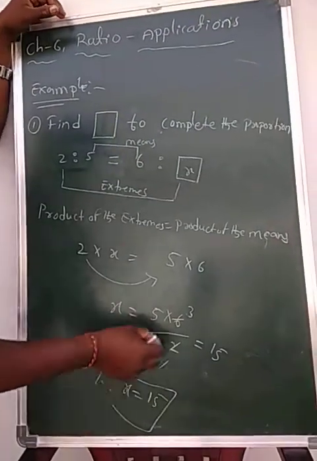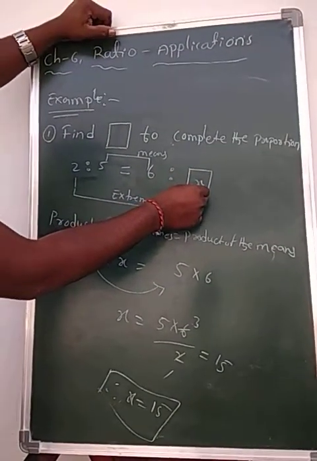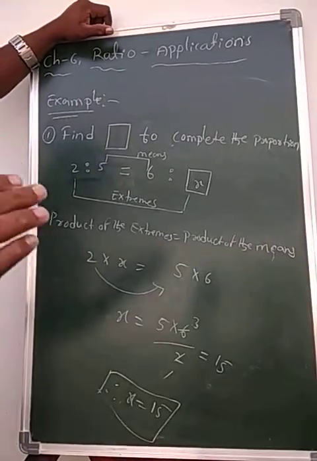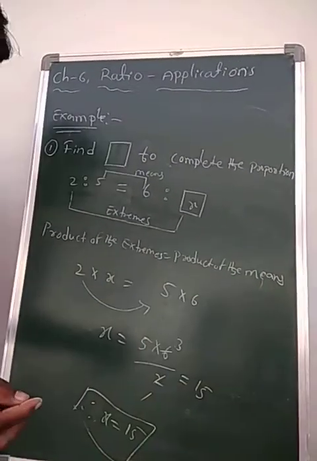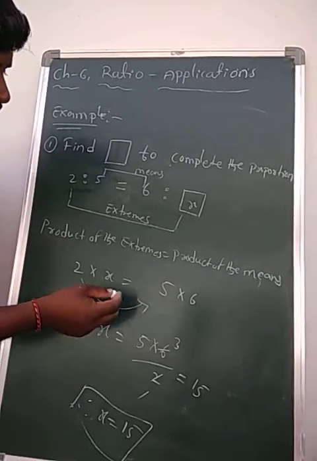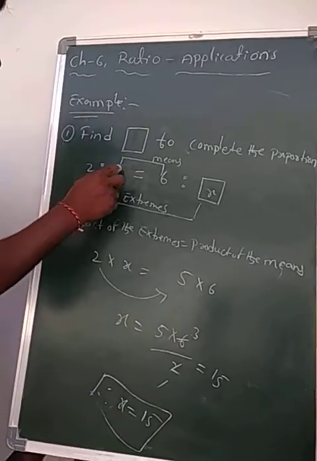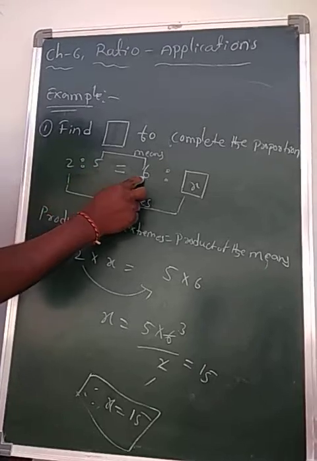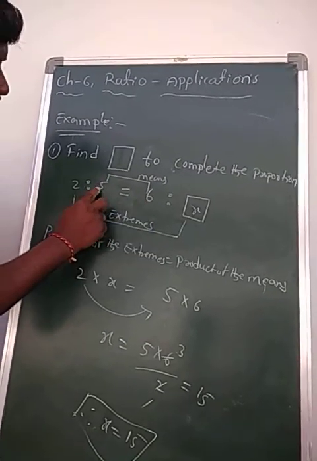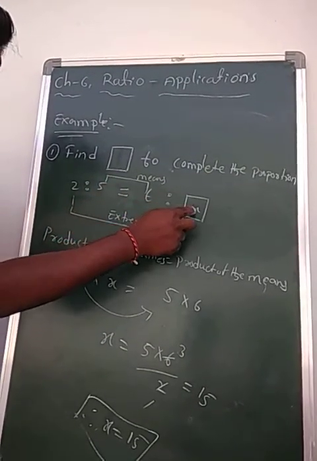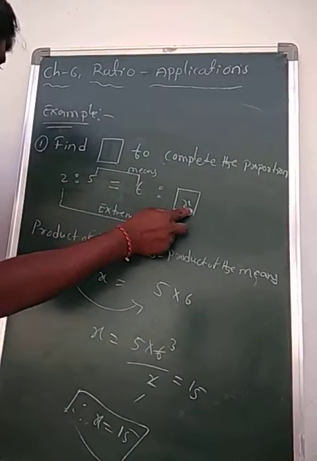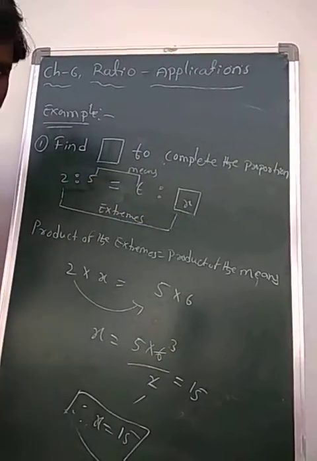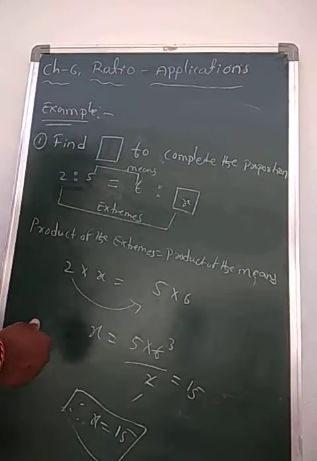So if we write x is equals to 15, then the two ratios are in proportion. Clearly, the product of means is 5 sixes are 30, and in place of x writing 15, 2 fifteens are 30. 30 is equals to 30 will come. So they are in proportion.